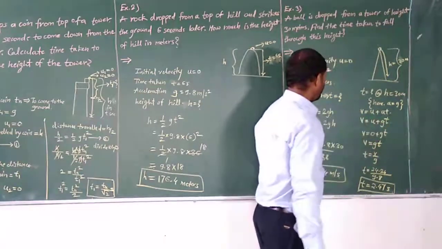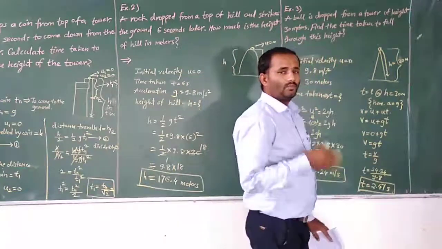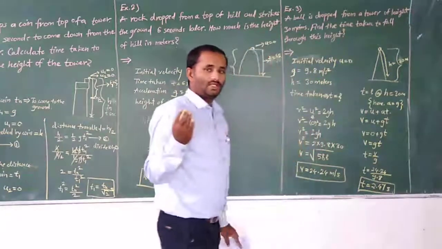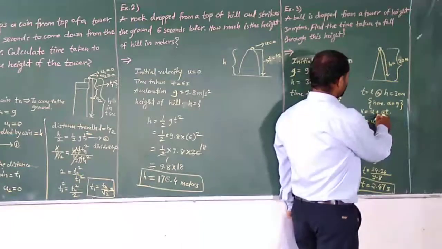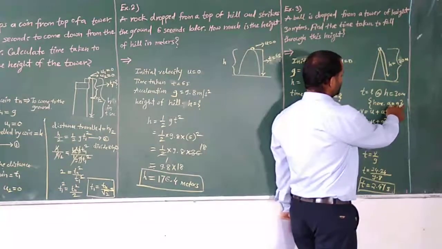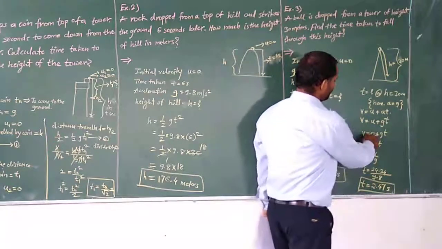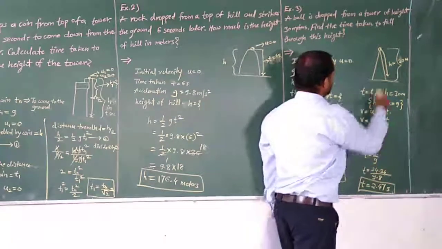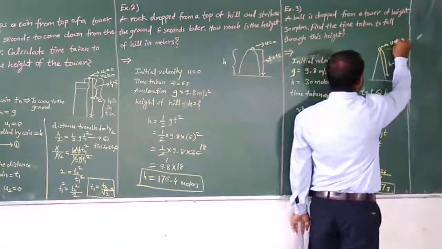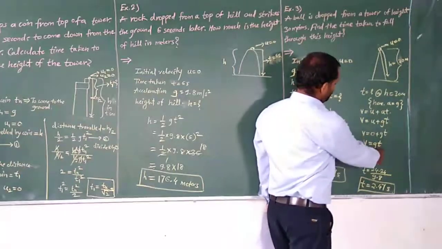Now we know one more formula, the first formula of motion: v is equal to u plus at. Here we use g instead of a, so gt. So v is equal to 0 plus gt because u is 0. So v is equal to gt.